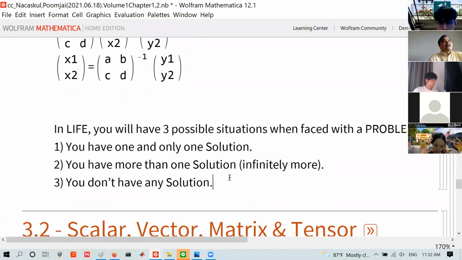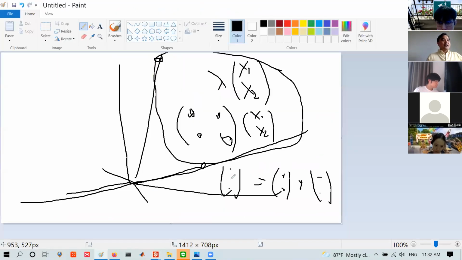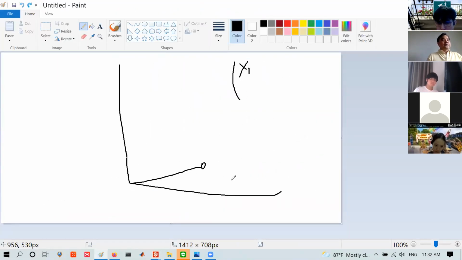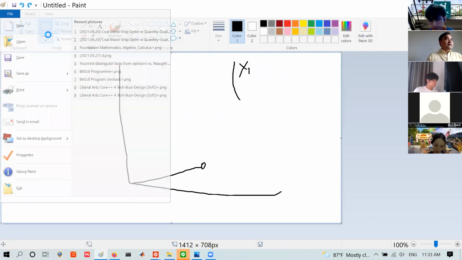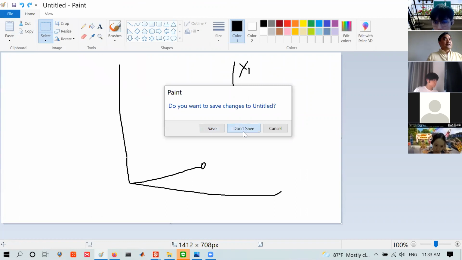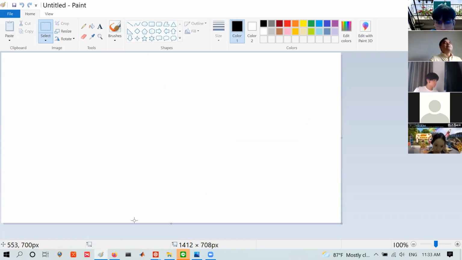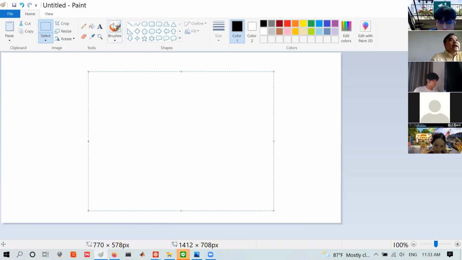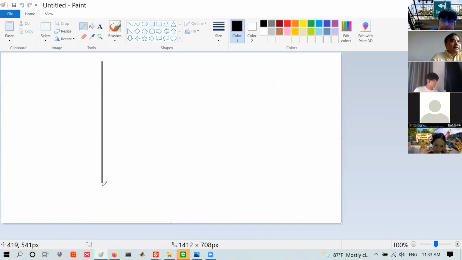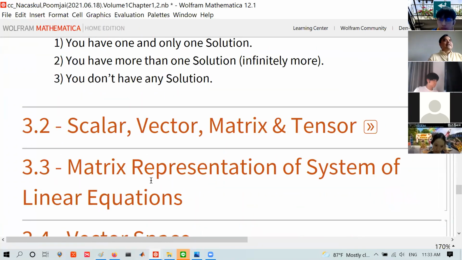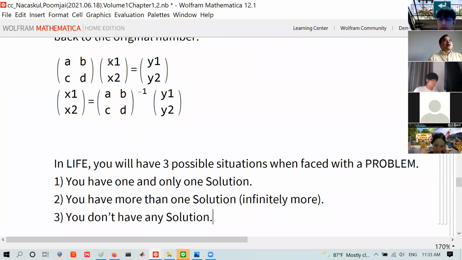Now, let me put that graphically. When you have this equation, A x1 plus B x2 equal to y1, okay, this is a number.